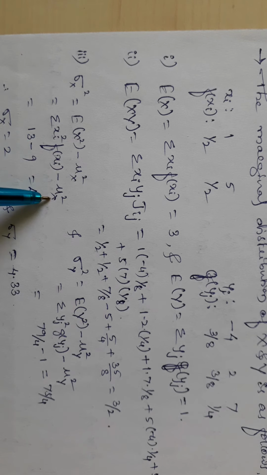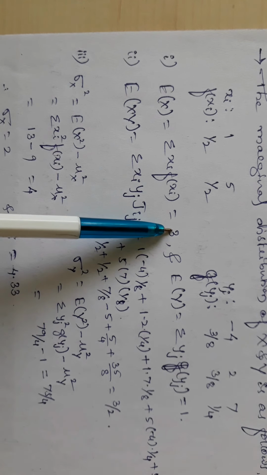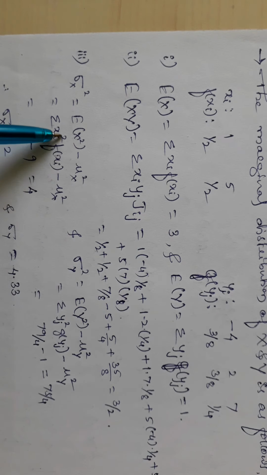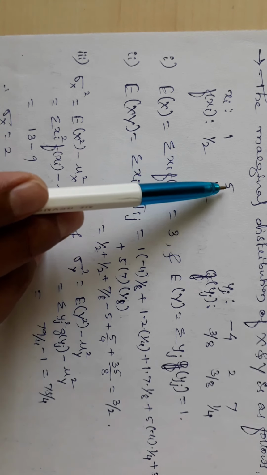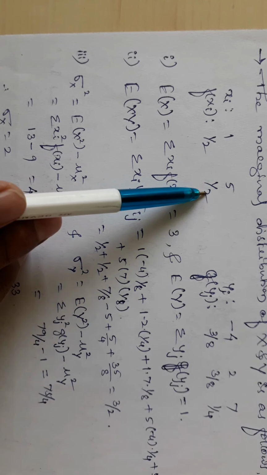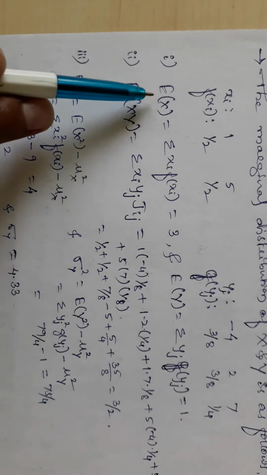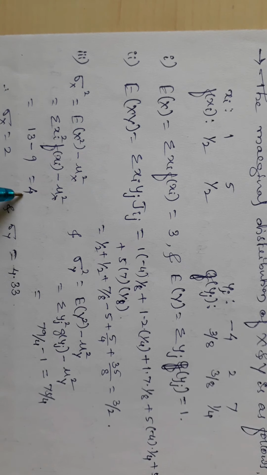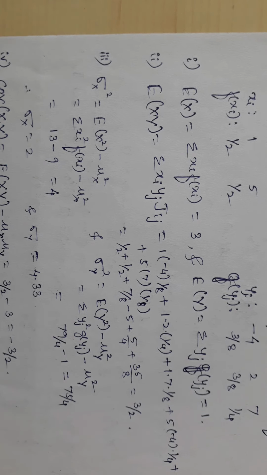Already we have mu x, that is the expectation of x, which is 3. We only need to find the summation of xi square into f of xi, that is x1 square into f of x1 plus x2 square into f of x2, we get 13, minus mu x square, that is 9, we get the answer 4. But we want sigma x, therefore take the square root and we get 2.